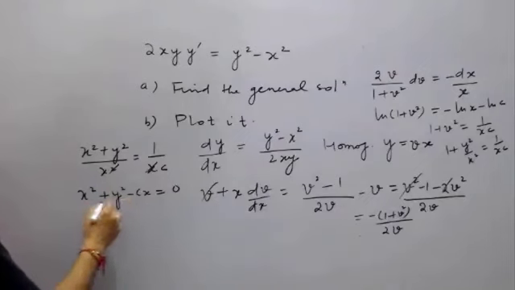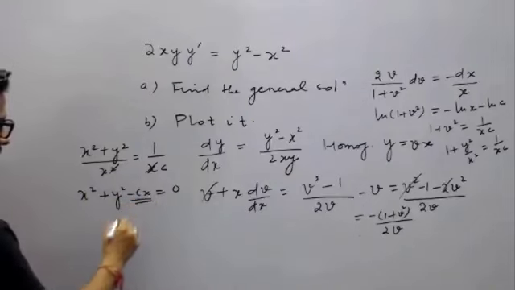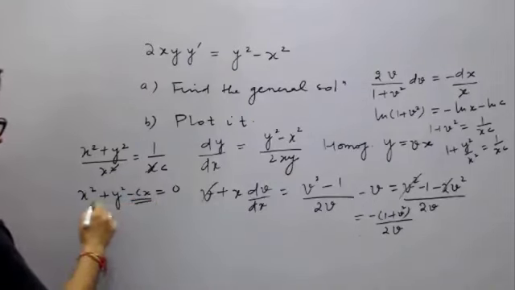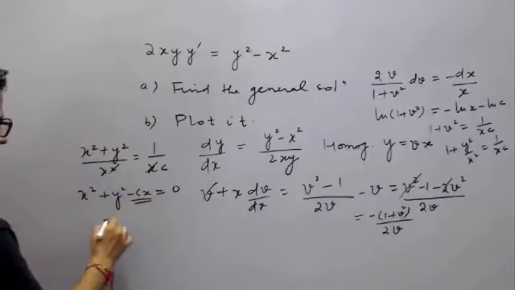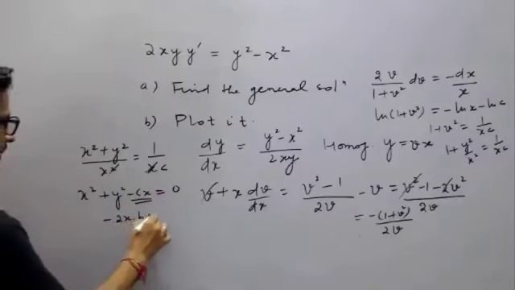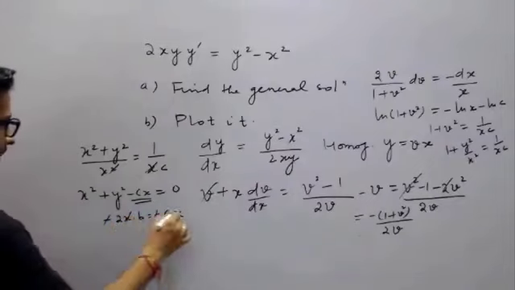So what is the value here? See, when you want to make it a perfect square, this is used: a square plus b square minus 2ab. So this is minus 2x into b is equal to minus cx. So what is the value of b?